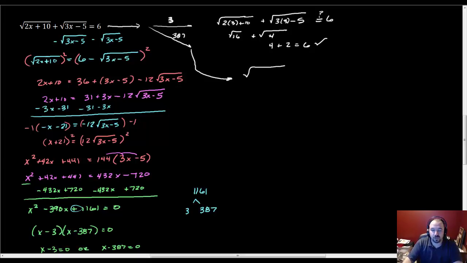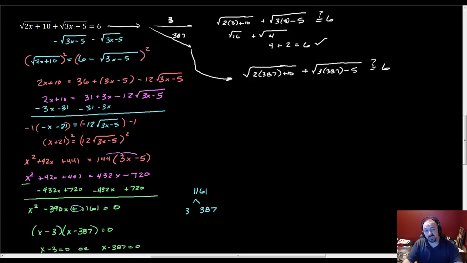The square root of 2 times 387 plus 10 plus the square root of 3 times 387 minus 5, is that equal to 6? Well, remember we're adding them.